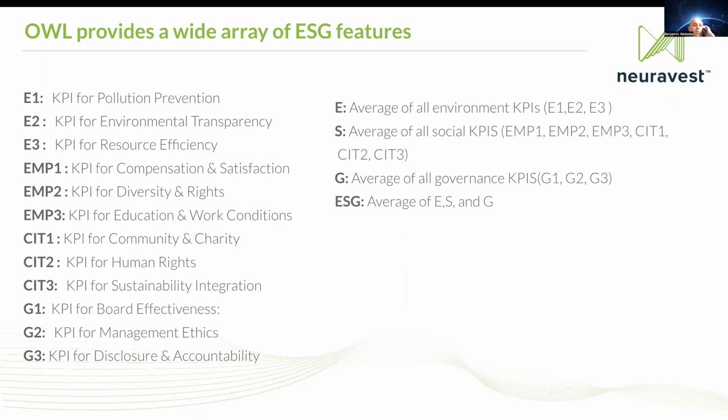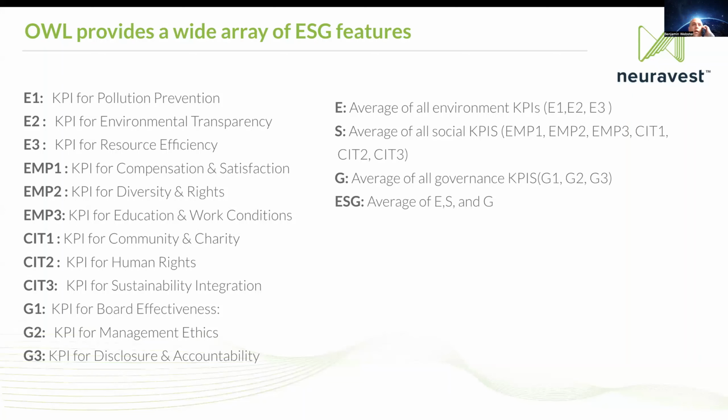These are human rights, diversity and rights, community and charity, how ethical the management of the company is, how effective the board is at making sure that the company is governing itself well and actually trying to achieve their ESG goals. These are themes that anybody can get behind.